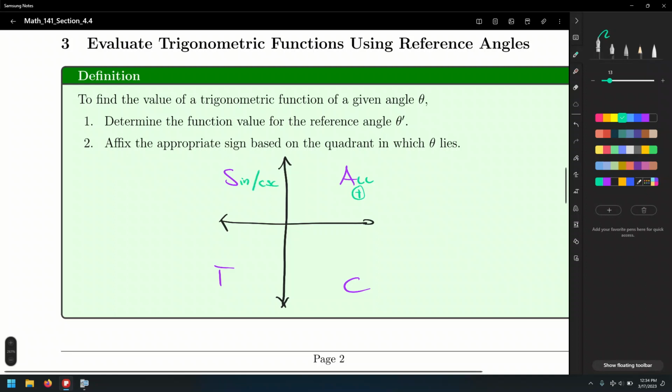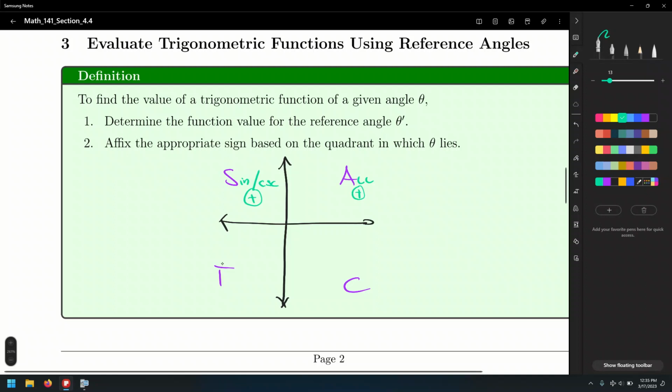That means only sine and cosecant are positive because we have a negative x, and recall that the x component of the points on the unit circle, or the x component of the side of a triangle, relates to the cosine function. And well, y is positive, that means sine is positive.